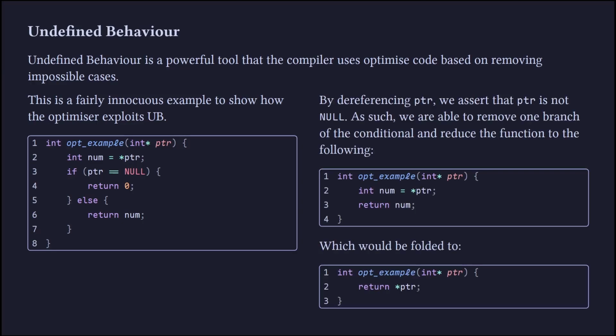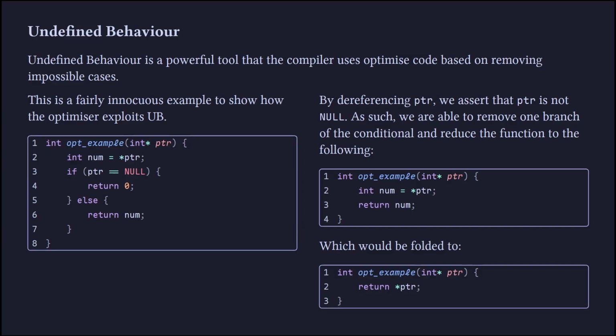In this case, by dereferencing the pointer, we essentially tell the compiler, hey, I'm obeying all of the rules of dereferencing, and since one of those rules is that if I'm dereferencing a pointer, it's not null, the compiler is able to assume that the first case where we return 0 never actually happens.